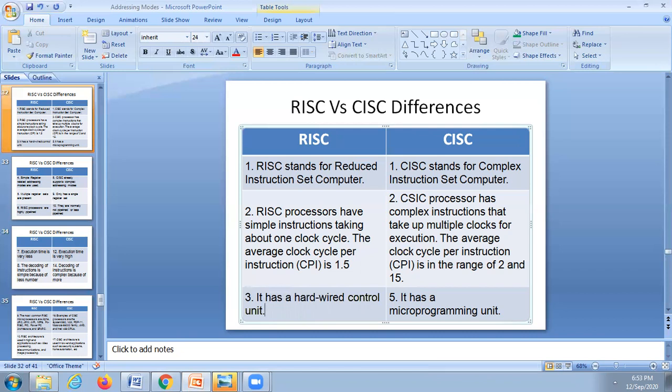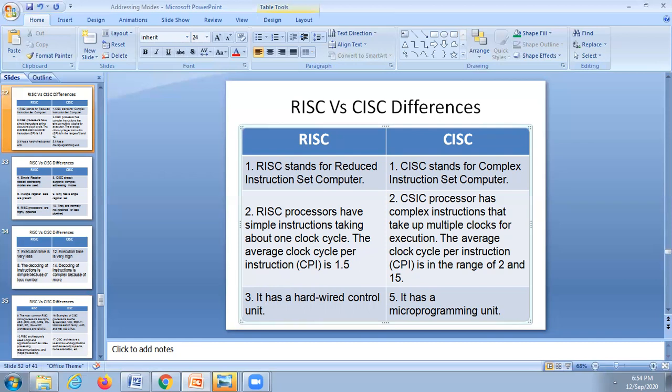That is in general, not only for this case. If you do any function by hardware, it will be faster than by using a software program. That is one of the reasons.